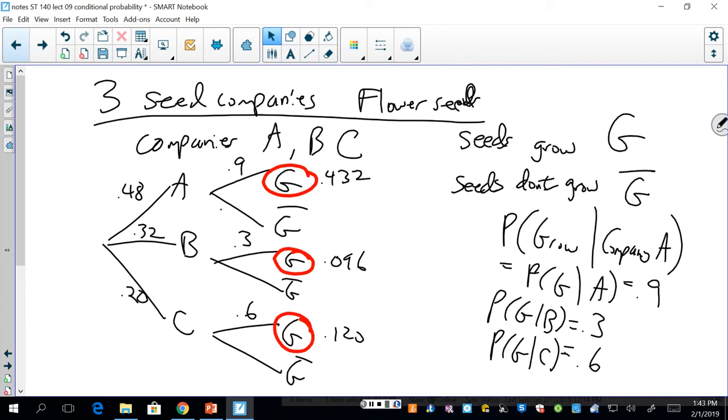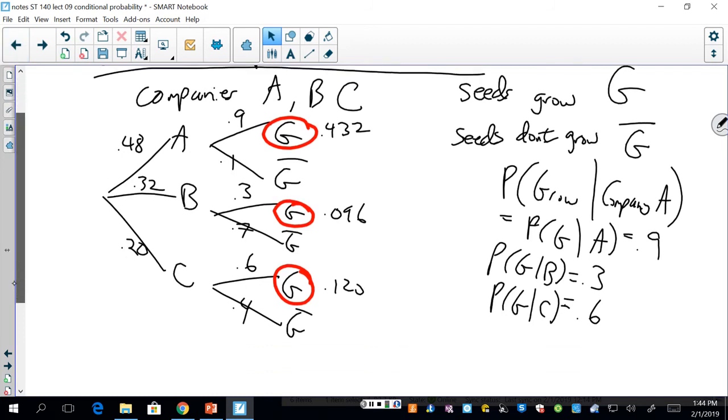So 90% of the time it grows in A, and 10% of that company's seeds fail. Conditional probabilities work like other probabilities: given that you're in company A, it either grows or doesn't grow, and those two things add up to 1. B only had 30% growth, so 70% not growing. And C, 60% growth, 40% not growing.